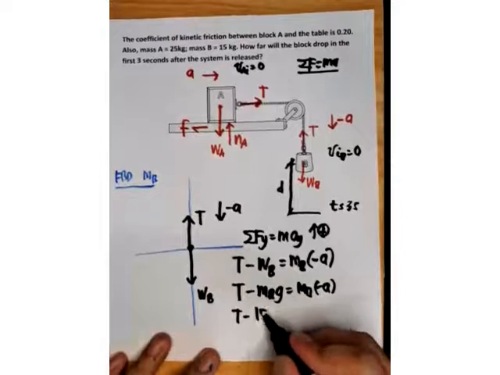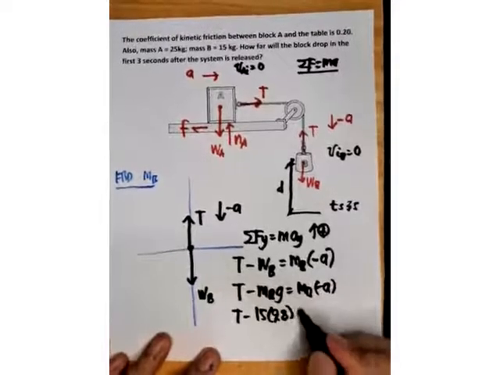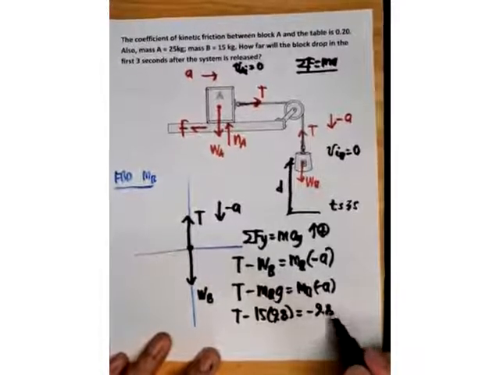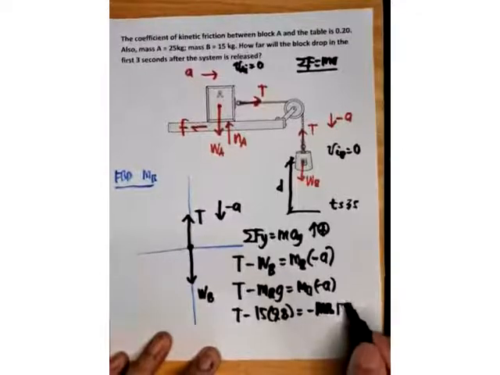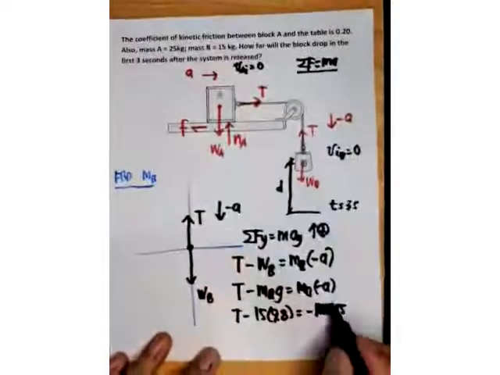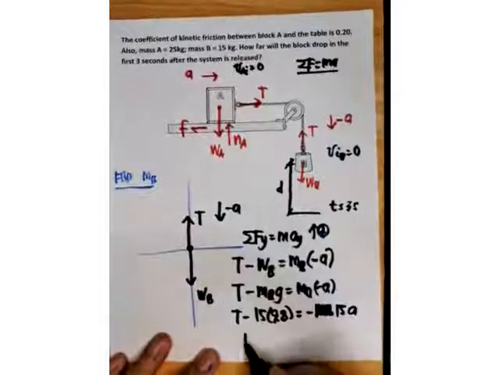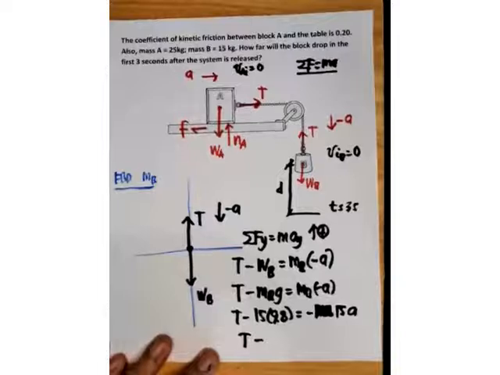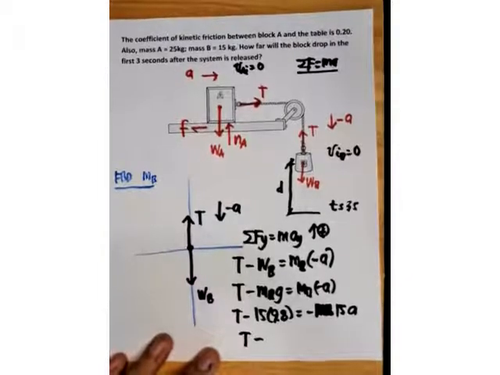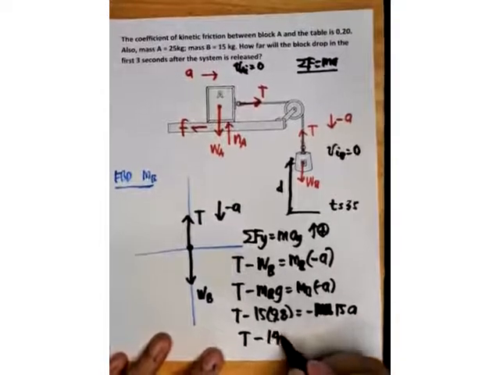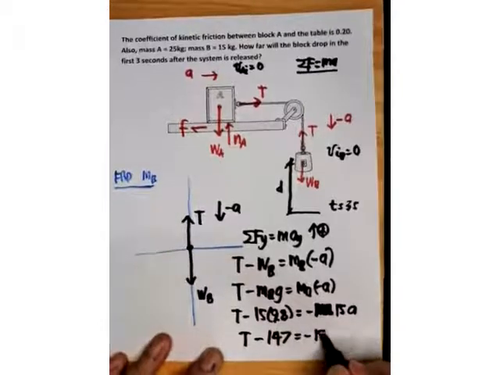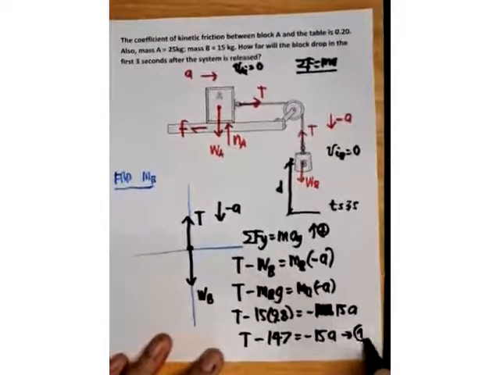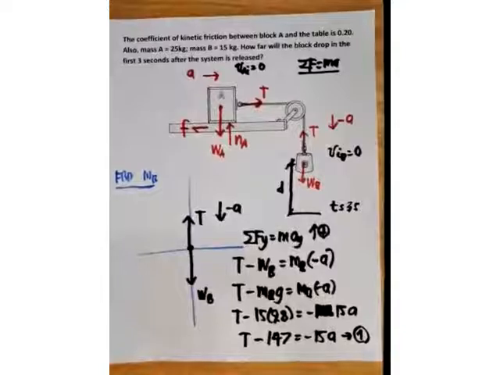B is 15. 15 times 9.8 is equal to negative 15a. Okay, so tension minus 15 times 9.8, so that's around 147, is equal to negative 15a. So let this be our first equation. First equation.